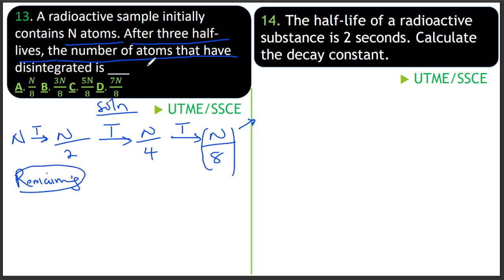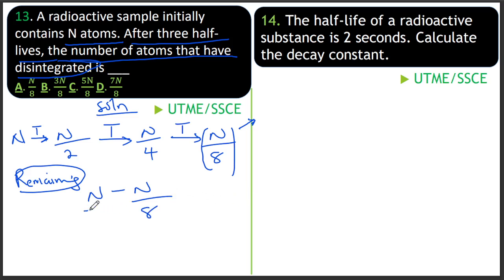If they had asked us to find the number of atoms remaining, we would have just said the answer is N over 8. But because they said the number of atoms that have disintegrated, it will be the total, which is N minus N over 8.